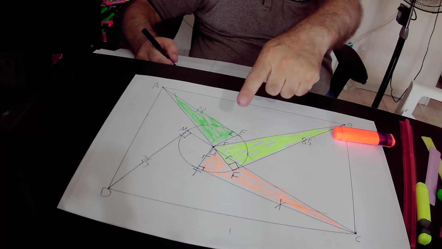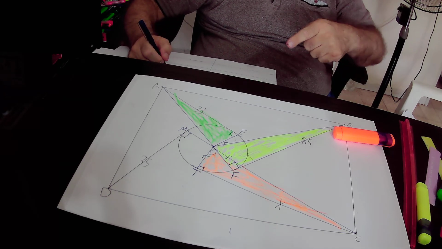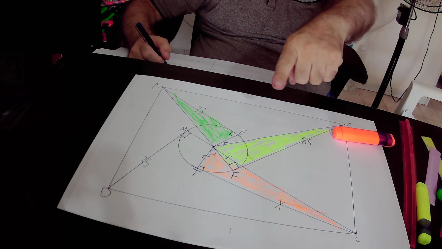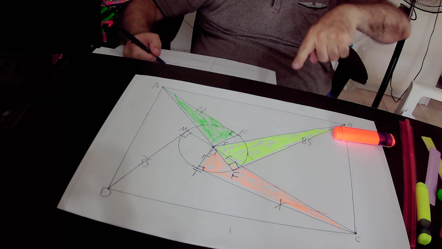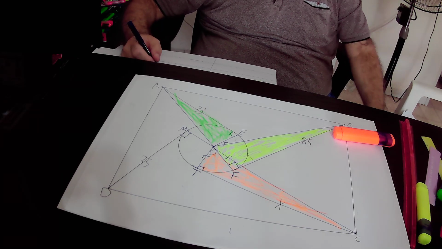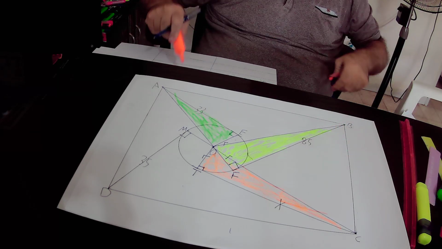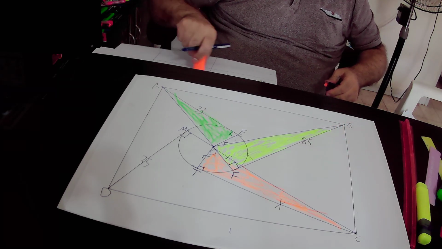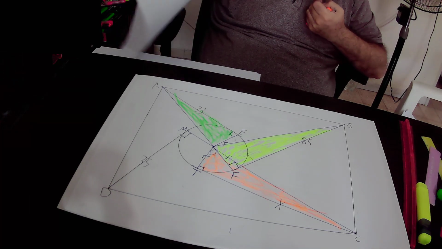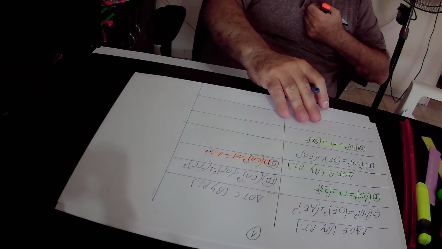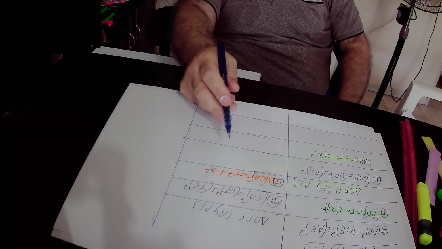OT is R, therefore OT square is R square, plus TC square. TC is the missing length that we are looking for. It is equal to X, therefore TC square is X square. So in conclusion, according to equation number 3, CO square equals R square plus X square. Okay.